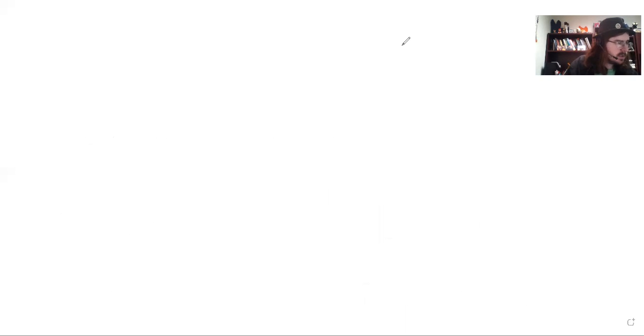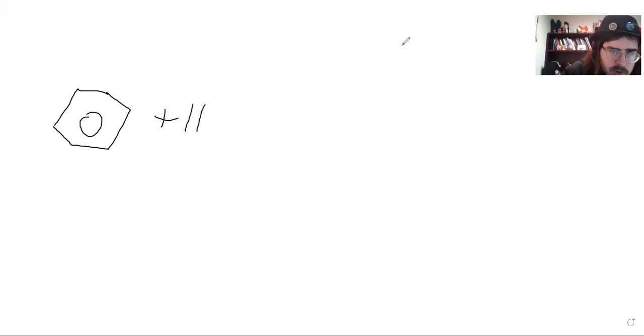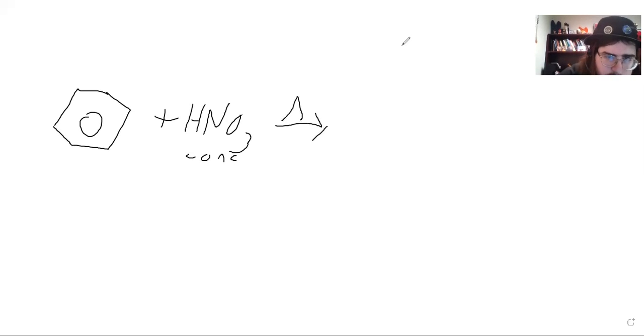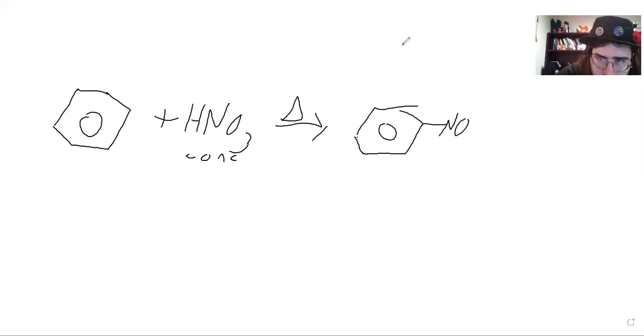Now, nitration. Nitration can be done several different ways. You can do nitration with concentrated, so lots of nitric acid and lots of heat, and that will form NO2.